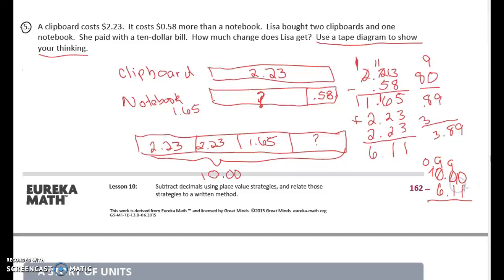Now we've got 10 pennies. 10 pennies minus 1 penny is going to be a 9. 9, take away 1 is 8. 6 plus 3 is 9, or 9 take away 6 is 3. Either way you go, we get $3.89 two different ways.